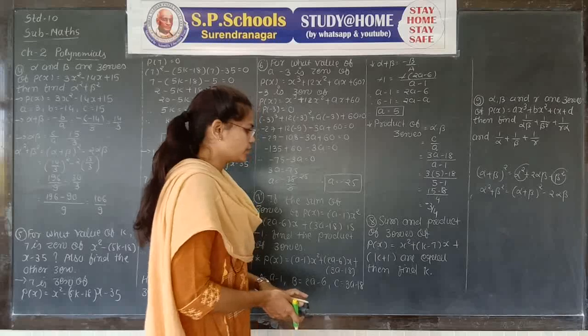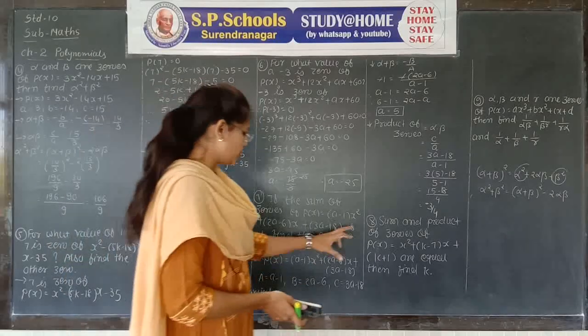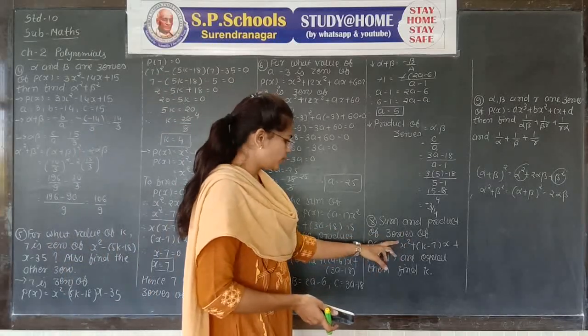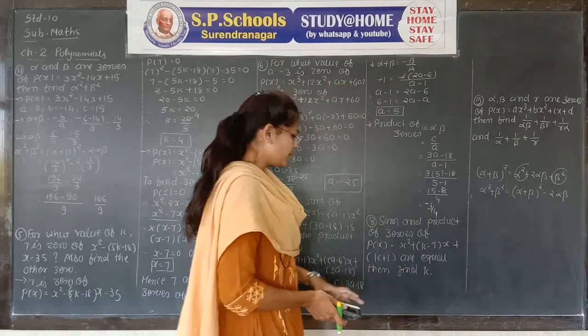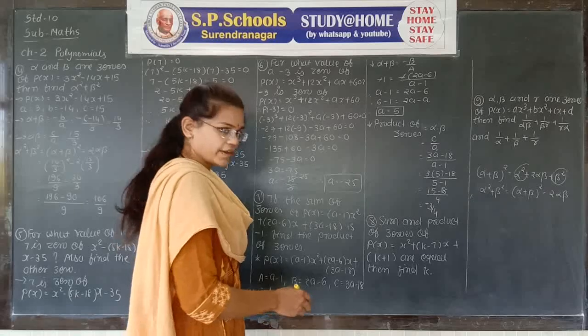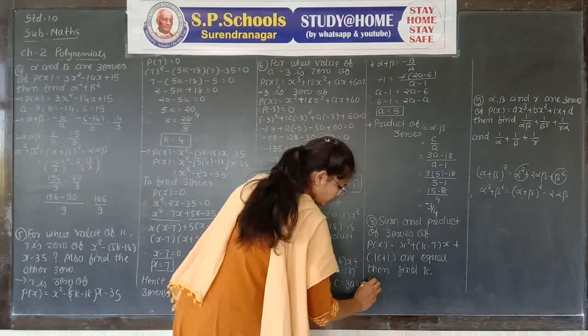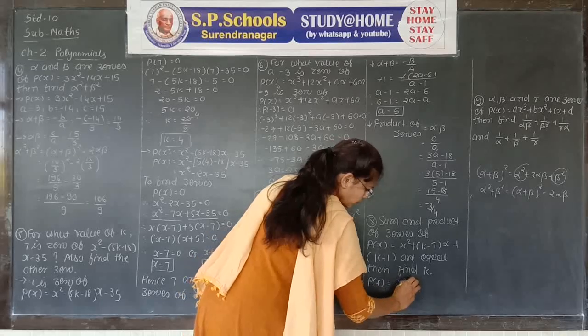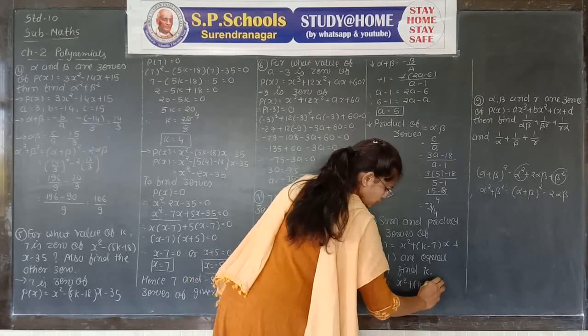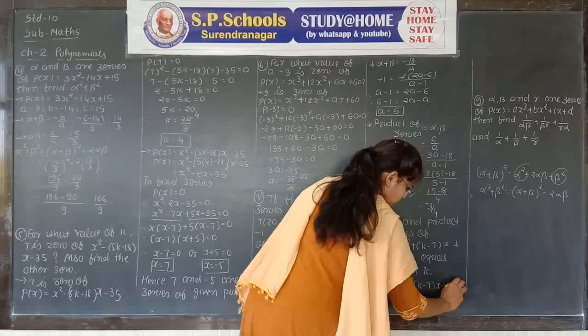Now we see the next one. If the sum and product of zeros of p of x is equal to x square plus (k minus 7)x plus (k plus 1) are equal, then find k. Given polynomial p of x is equal to x square plus (k minus 7) into x plus (k plus 1).